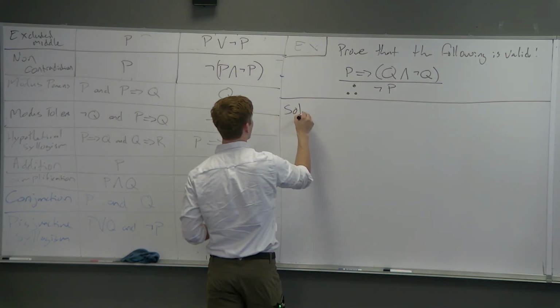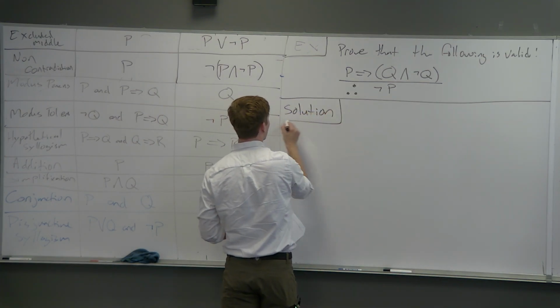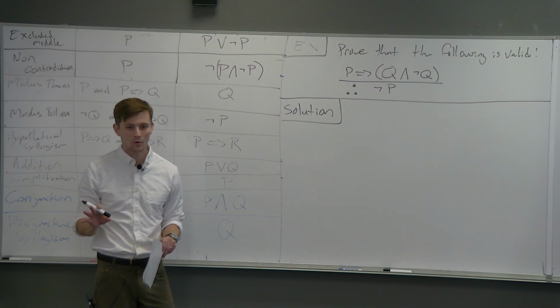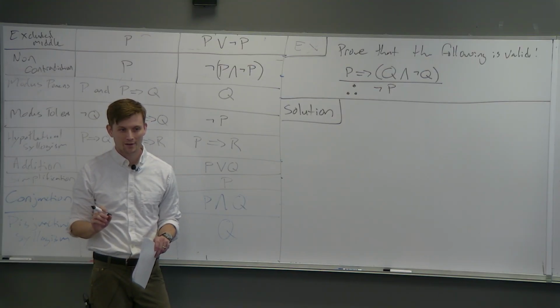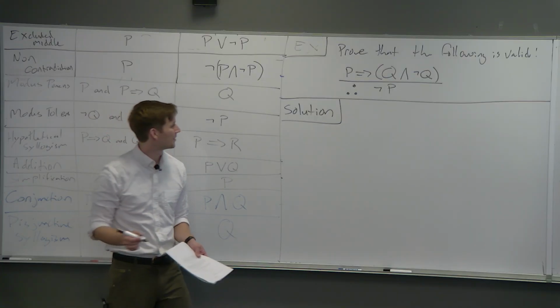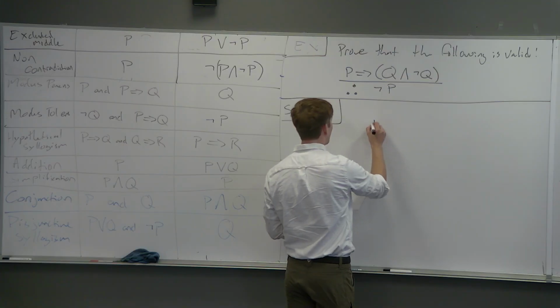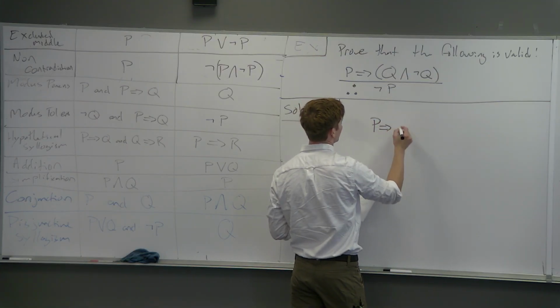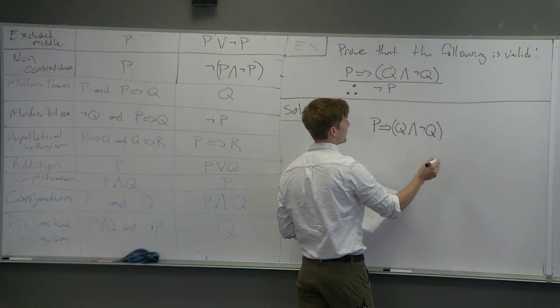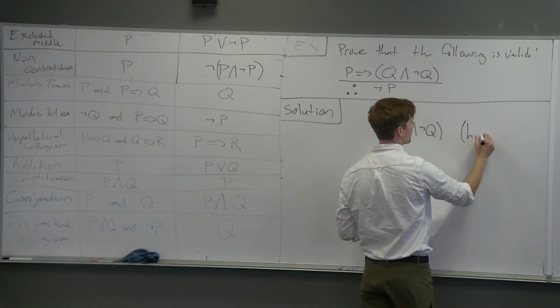Solution. Well, as is almost always the case, we will start with one of our hypotheses. There's only one to choose from. Let's start with it. So we'll start by saying, hey, P implies Q and not Q. This is a hypothesis.